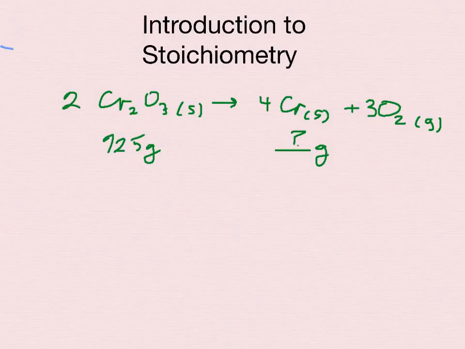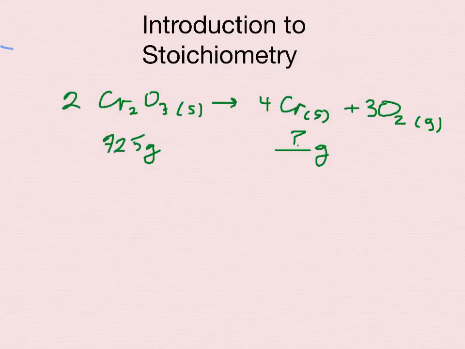This is an application of stoichiometry, figuring out how much product you should be able to get based on the starting amount. So our job in this chapter is going to be able to learn how to convert from one quantity to another based on the initial recipe, the initial balanced chemical equation you're given to start.